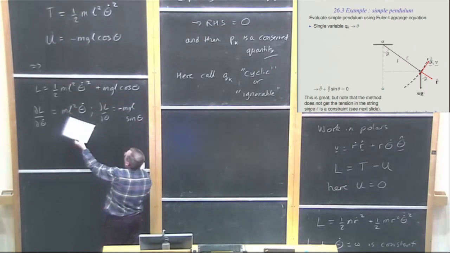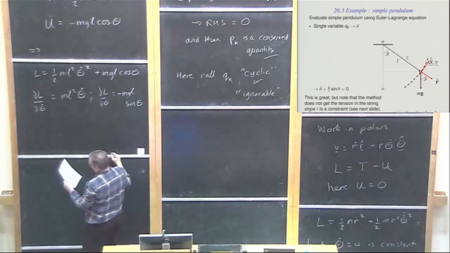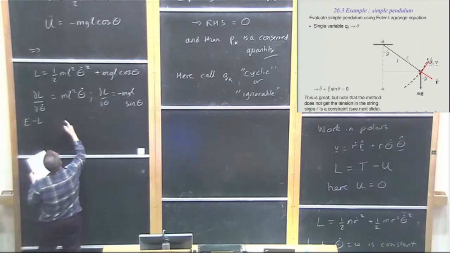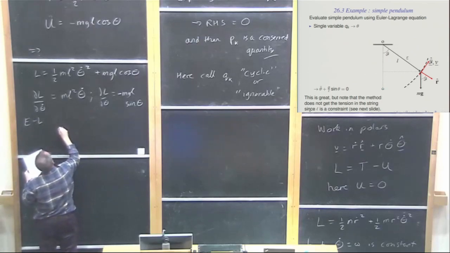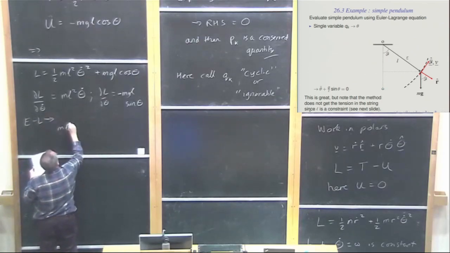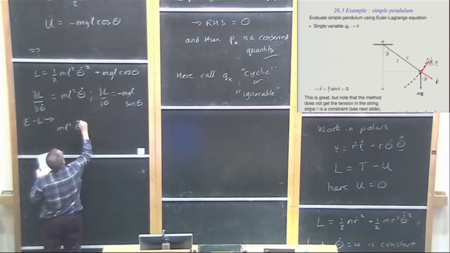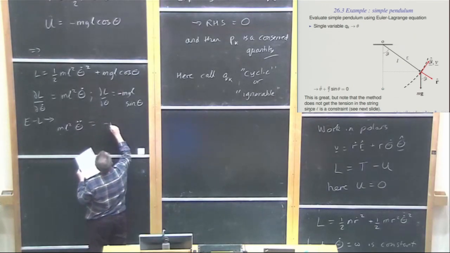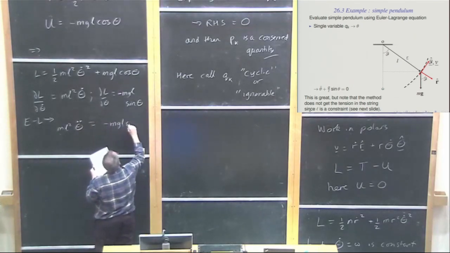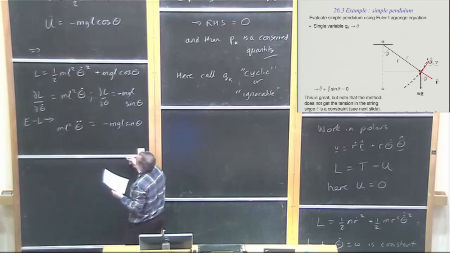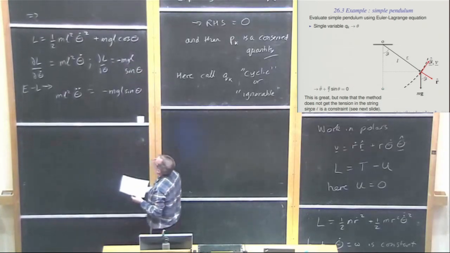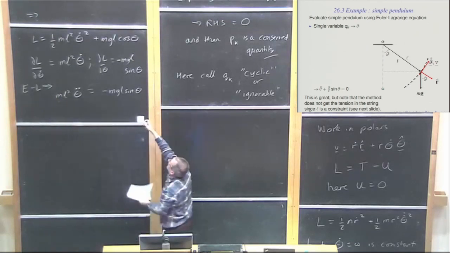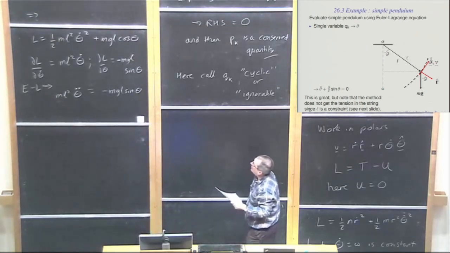I then differentiate that with respect to time, which is needed for the Euler-Lagrange, so I get m L² θ̈ then equals minus m g L sin θ. So d/dt of ∂L/∂θ̇ gives that, and it is equal on the right-hand side to ∂L/∂θ.